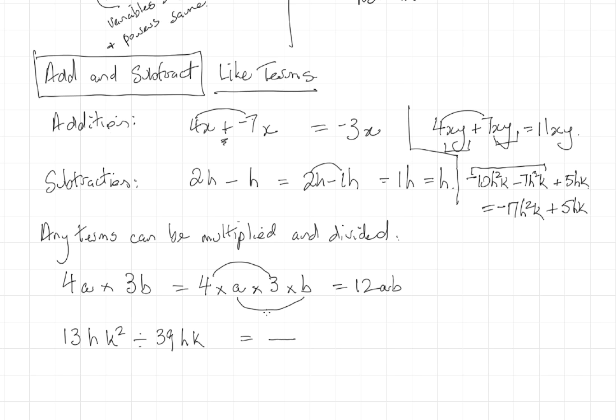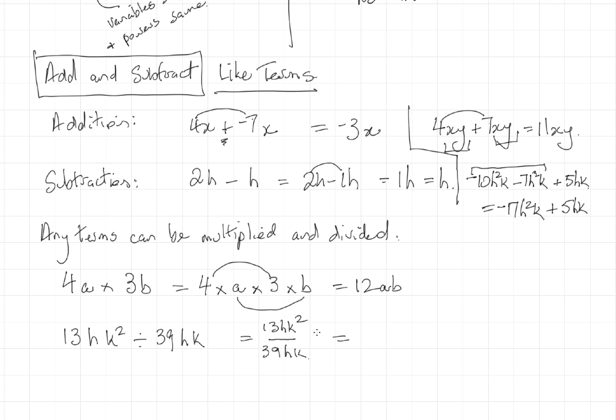So we'll put this as the numerator, 13hk squared over 39hk. Now, if you remember your laws of indices, we can use that to simplify this.